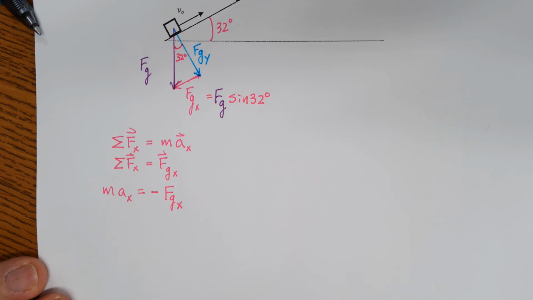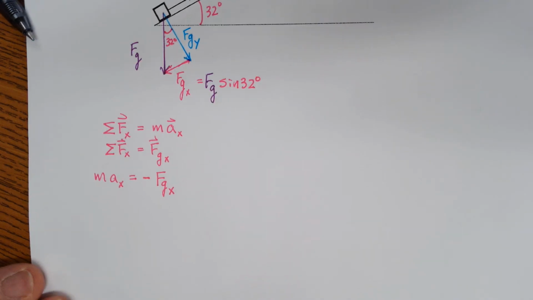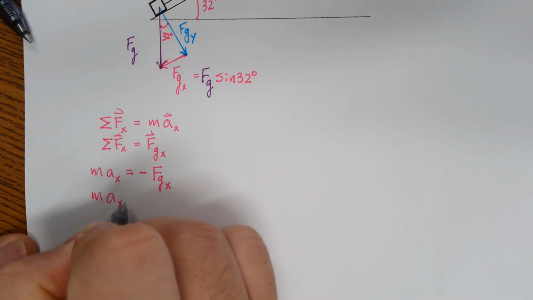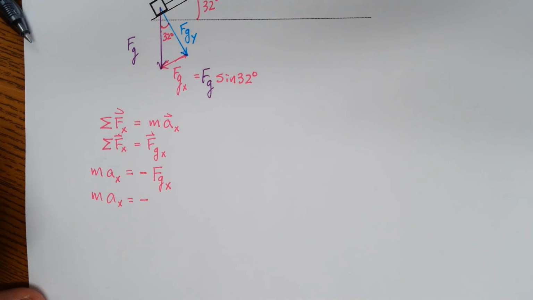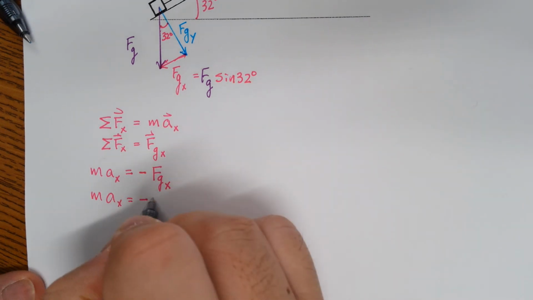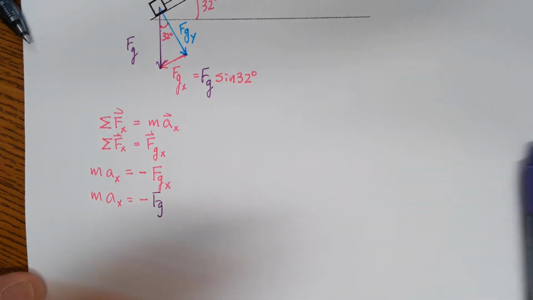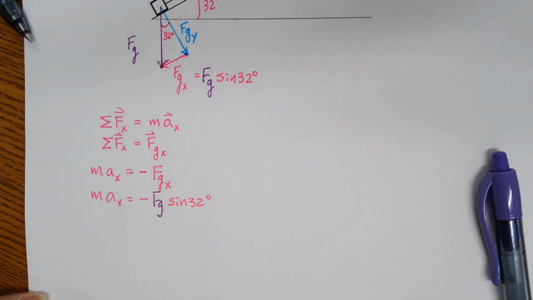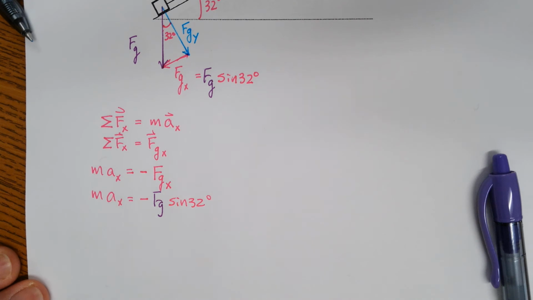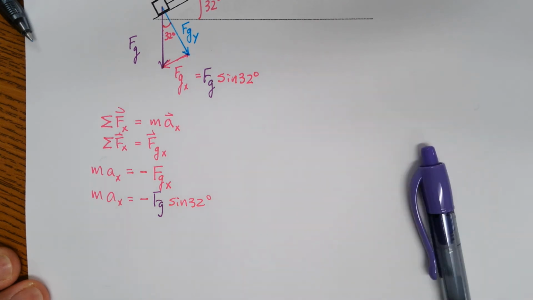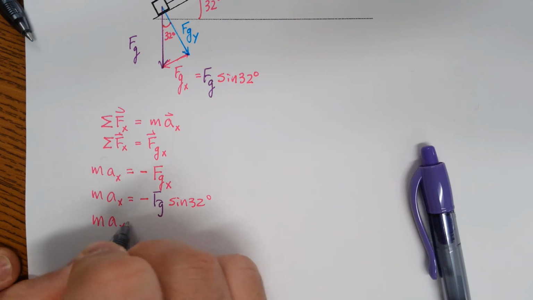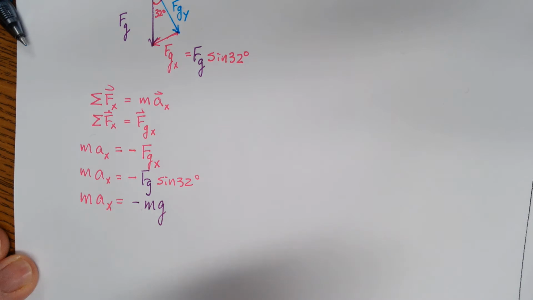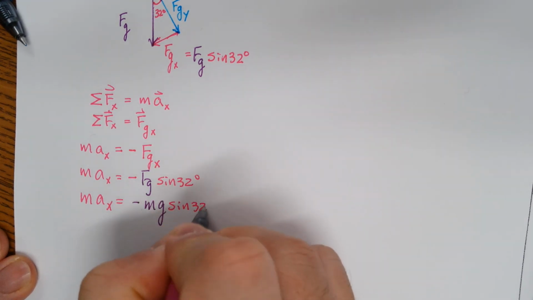Therefore, max is equal to negative FG sine of 32 degrees. Well, FG is really nothing more than mg. So if I were to look at this, my max is equal to negative mg sine of 32.